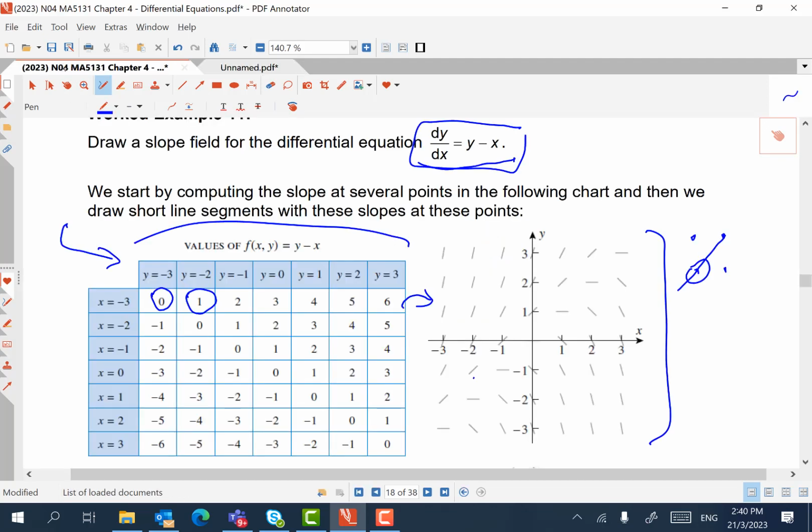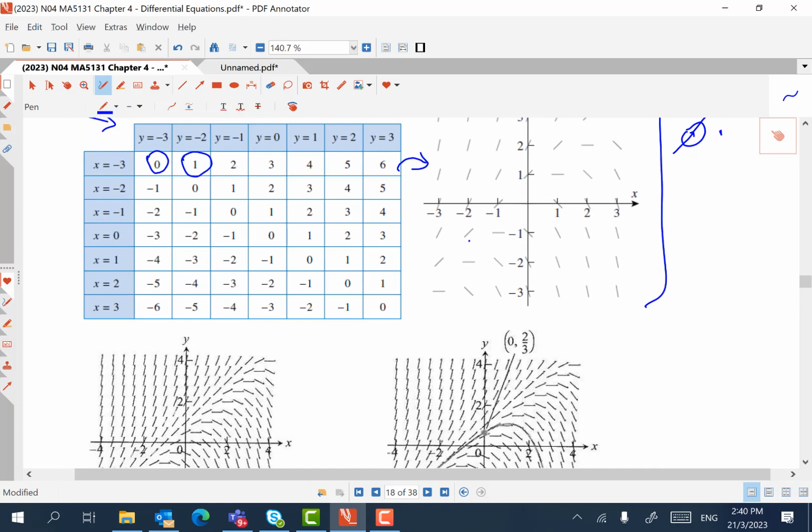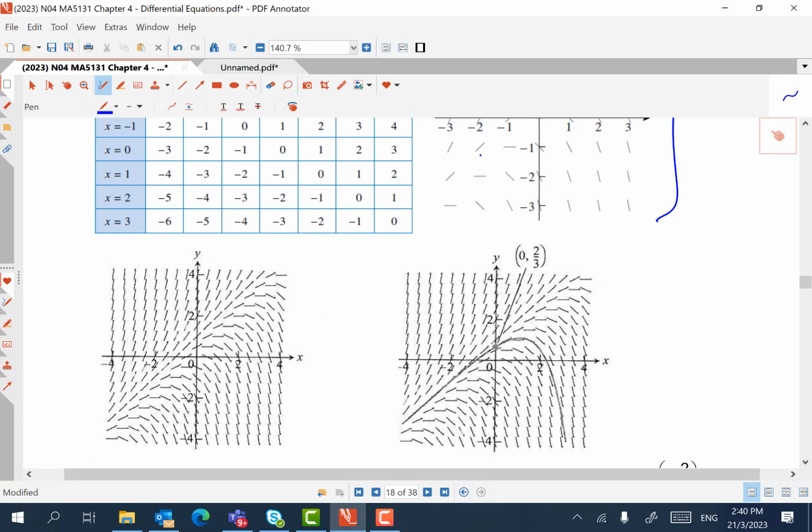And in this diagram, it is done very nicely for you, not by hand actually. There is a lot of software that can generate slope fields for you. In case you don't know, GeoGebra is one of them. If you are more diligent, you can draw a so-called denser slope field. How do you get a denser slope field? Maybe you plot more. Instead of just jumping from 1 to 2 to 3 to 4, you maybe have x is 1.1 and y is 1.1.